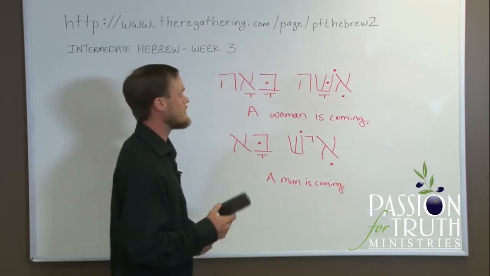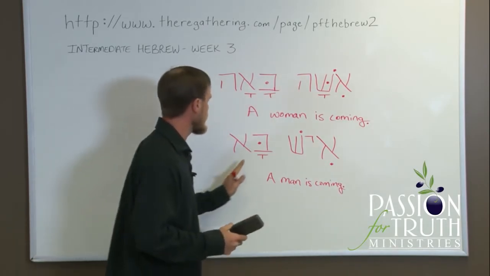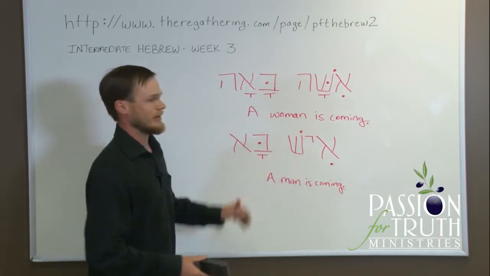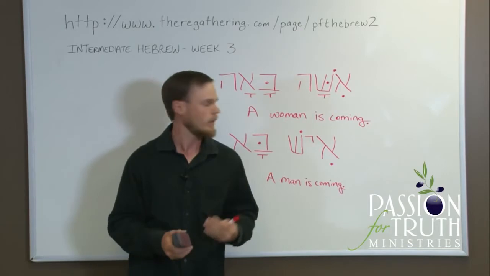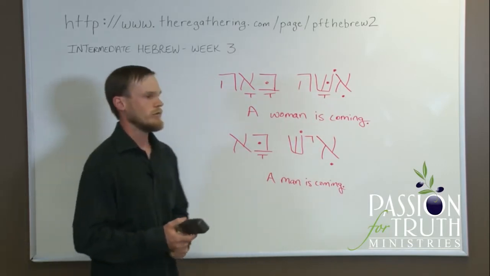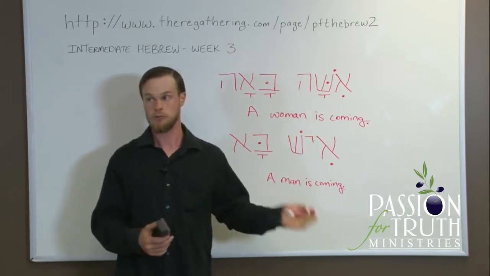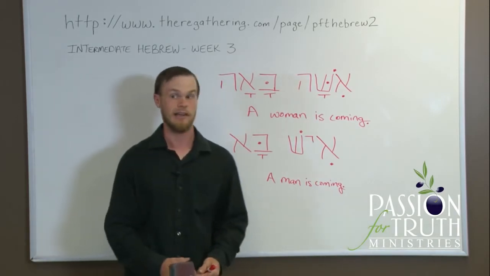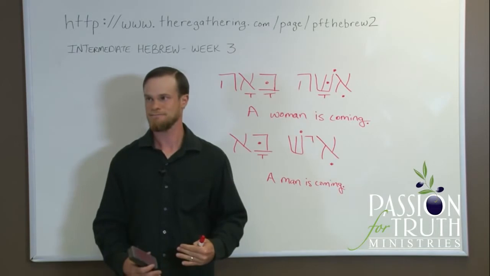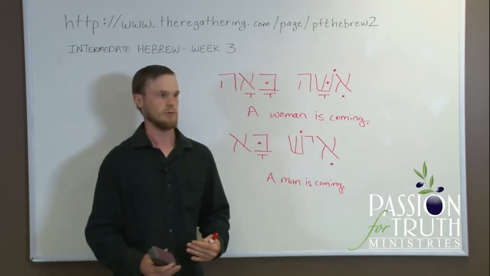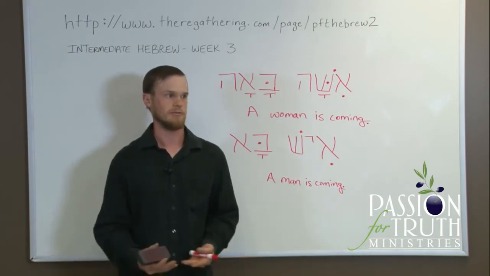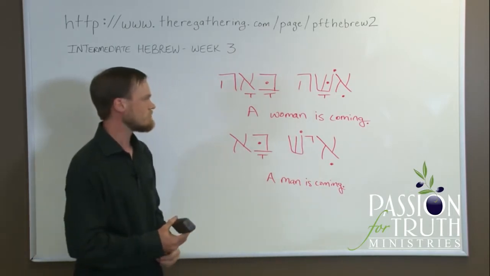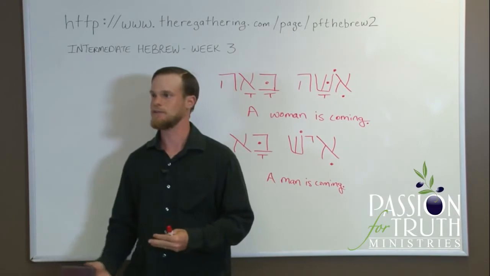Okay, so the emphasis in a sentence. So to say a man is coming, we could say ish ba, or we could say ba ish. The normal form of that sentence would be ba ish, okay, verb followed by subject. If we say ish ba, it's like saying a man is coming. Okay, a man as opposed to what? A woman, a dog, a camel. So it's the equivalent of doing that.